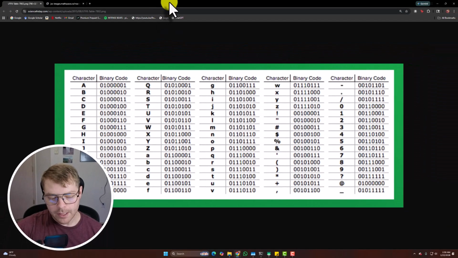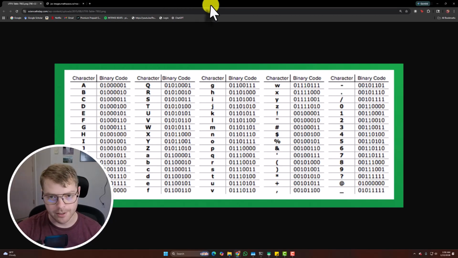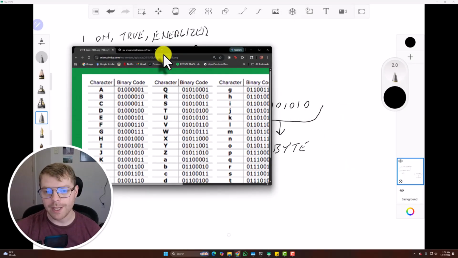And in addition to this, we have what's called ASCII, A-S-C-I-I, which is the American Standard Code for Information Interchange. A group of really smart people came together and was like, you're making computers, I'm making computers. We need to have this standardization in place so our computers can talk the same language.